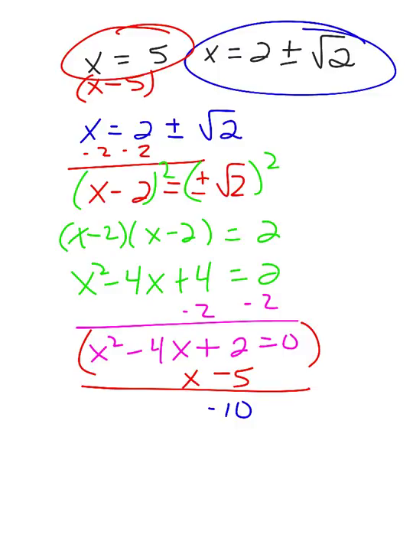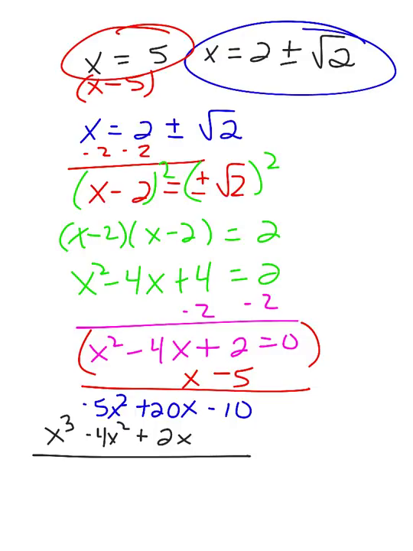Negative 5 times negative 4x is positive 20x. Negative 5 times x squared is negative 5x squared. And then I have x times 2 is 2x. x times negative 4x is negative 4x squared. x times x squared is x cubed. And add them straight down.